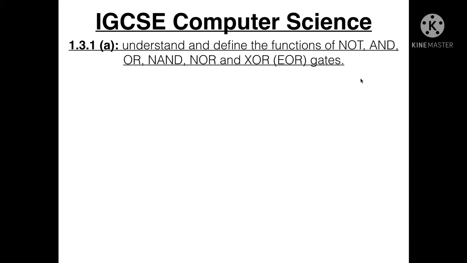So your computer in front of you, or your phone or iPad or whatever you have, is made up of thousands of these logic gates. And we're about to find out what they are now. So they basically take in binary input and output binary as well. So input binary, output binary, and you'll see how this works.